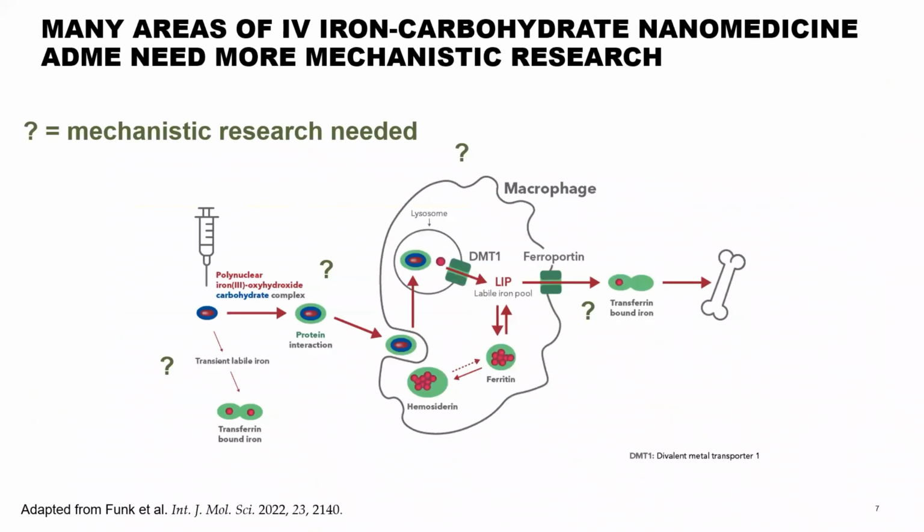Also important in understanding this class of drugs is the hypothesized metabolic pathway for these agents. After injection of the IV iron carbohydrate complex, there is a small amount of transient labile iron that appears, which is then quickly bound to transferrin.